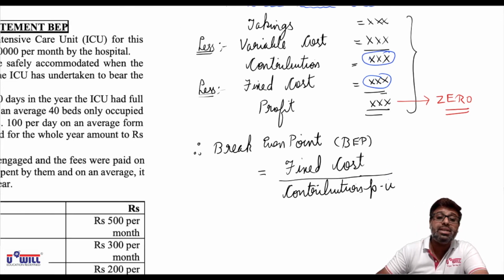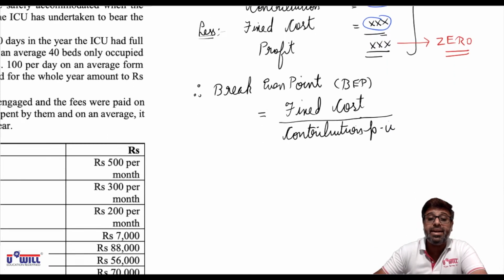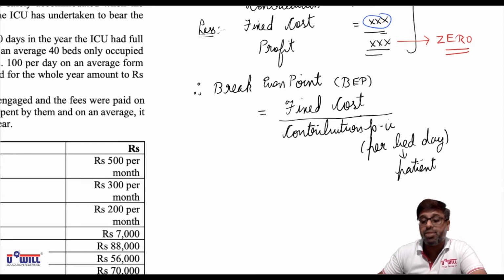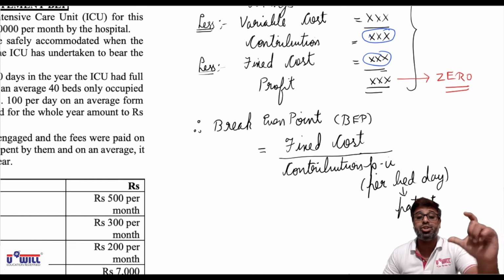Here per unit in this chapter means per bed day, or bed can also be written as per patient day. What is this per bed day or per patient day? It is a composite unit.